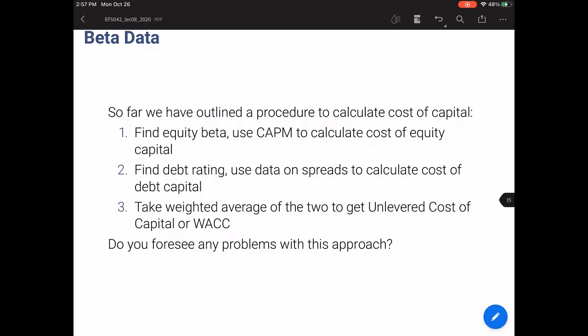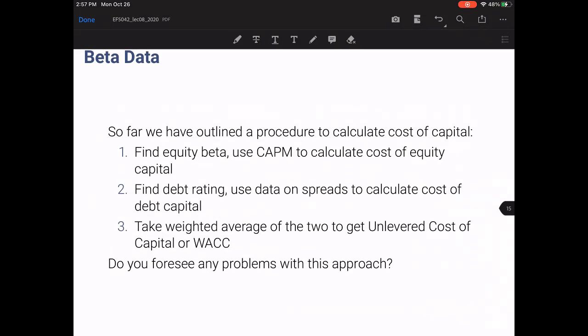And then we combine these costs of capital together to get an unlevered cost of capital, and that allows us to discount the cash flow of the overall firm. But there's a problem with this approach, because we need data of the firm to actually compute these components of the WACC.